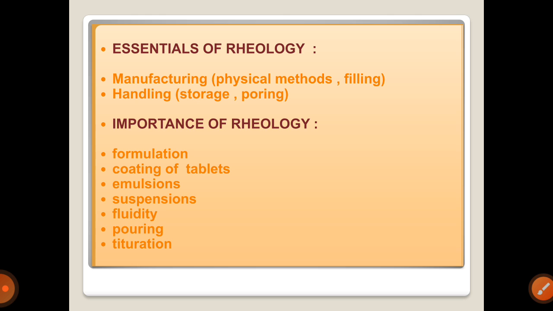If you are going to mix it in a mortar and pestle, both samples A and B should have enough consistency to be triturated. If sample A is solid like stone, and sample B is like water, then how can you incorporate both of these? So the rheology, the flow, the behavior, the appearance of those liquids or semi-solids is much more important.